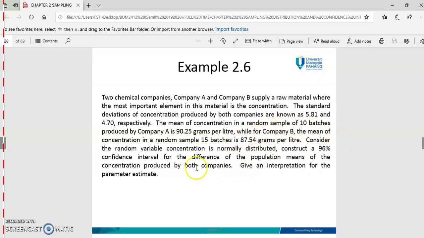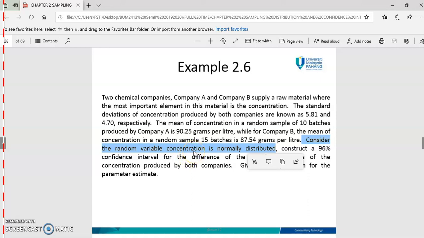Okay, so consider the random variable concentration is normally distributed. So why do we have this statement? In order for us to use the formula that we discussed before, your data must be normal distribution. So we just assume that the data here is normal.